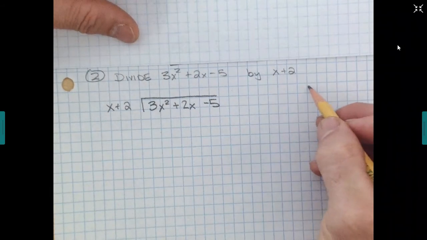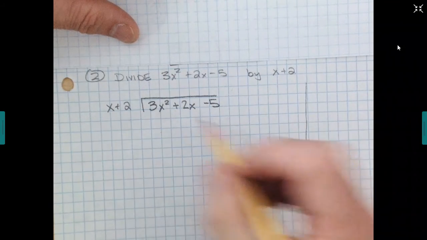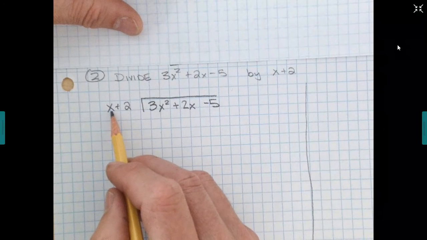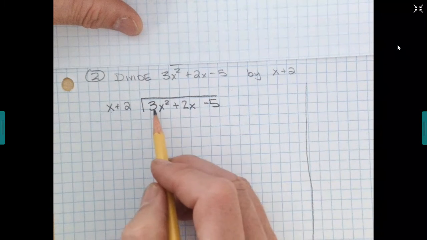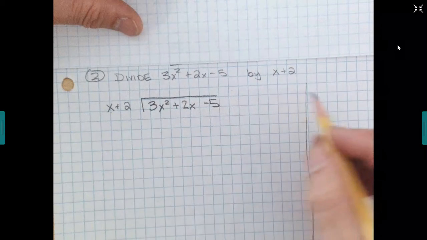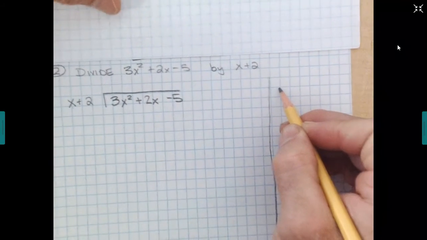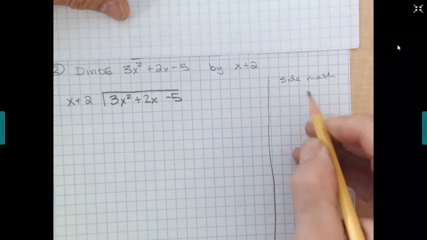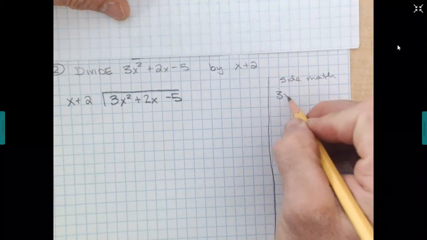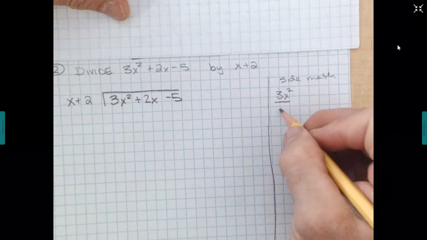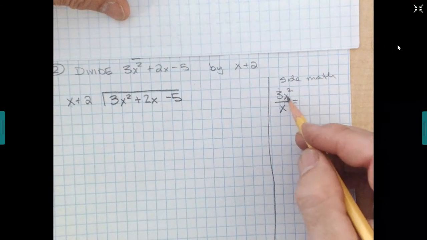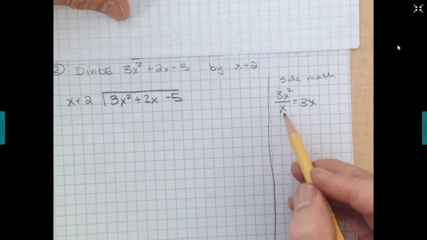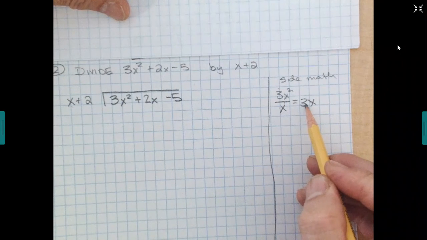Now, if this makes sense in your head, go ahead and do it. But I'm not worried about this 2, I'm worried about this x. How many x's go into 3x squared? Well, you could figure that out by doing, we'll call this our side math, a little scratch section. 3x squared divided by x equals 3x, right?